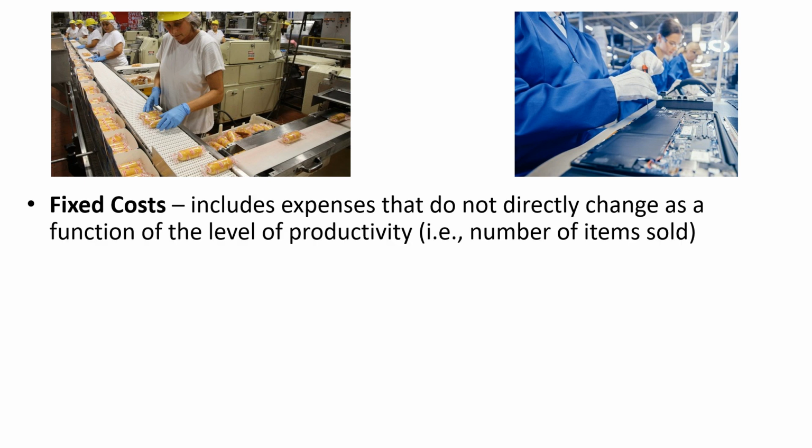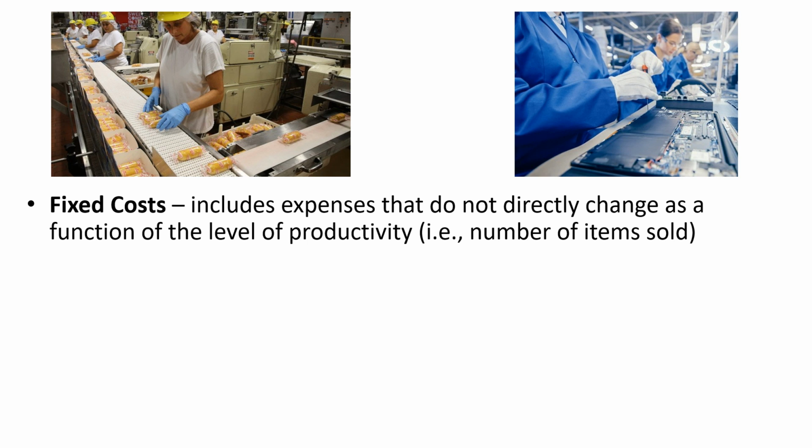We already, in the previous class, talked about fixed costs versus variable costs. Fixed costs are those which don't change as a function of how many units are being made each month, or each day, or each year. So in these pictures, one is making Twinkies, one is making circuit boards. The fixed costs might be the machinery that you have to purchase just to make the things.